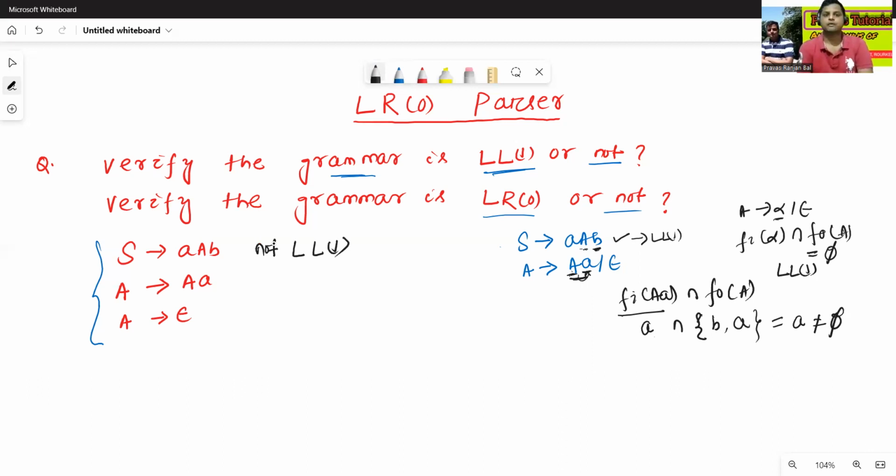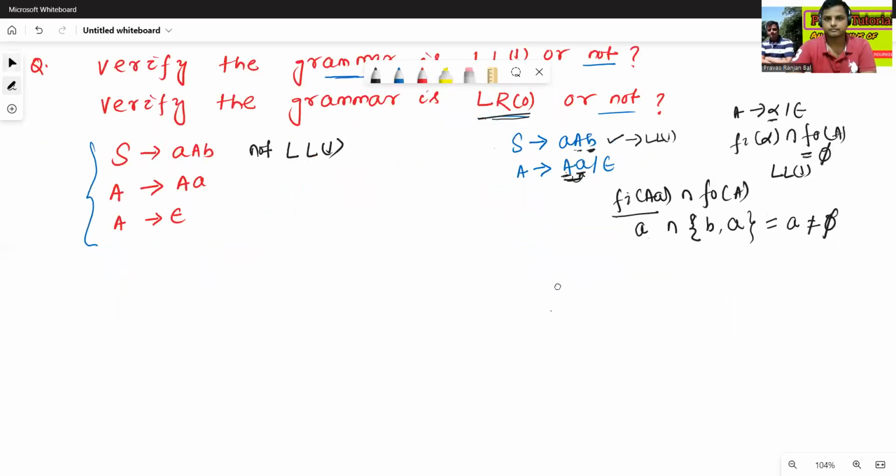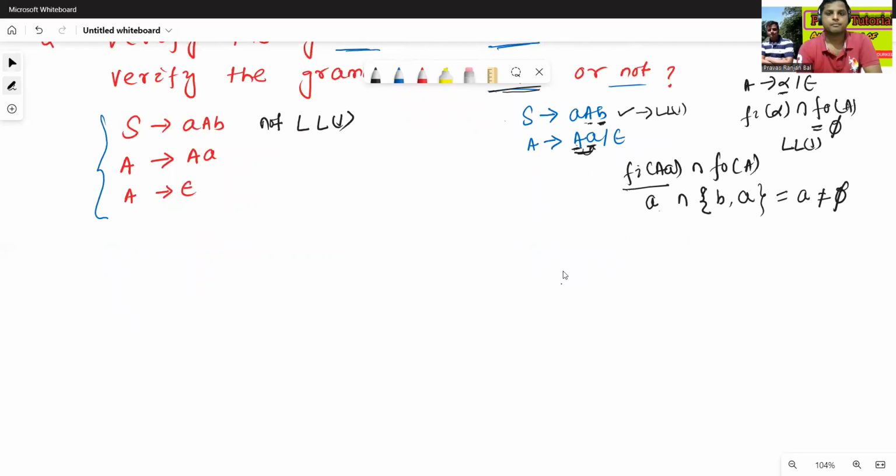Now we'll check whether this grammar is LR0 or not. First, we have to convert this grammar into an augmented grammar.